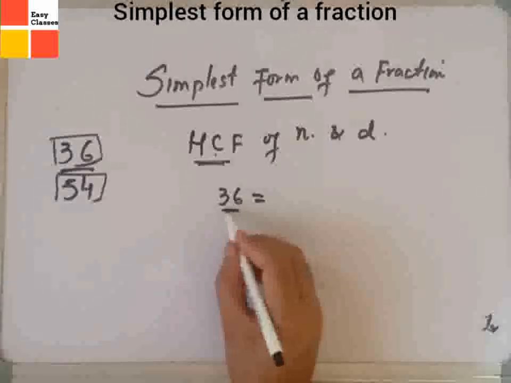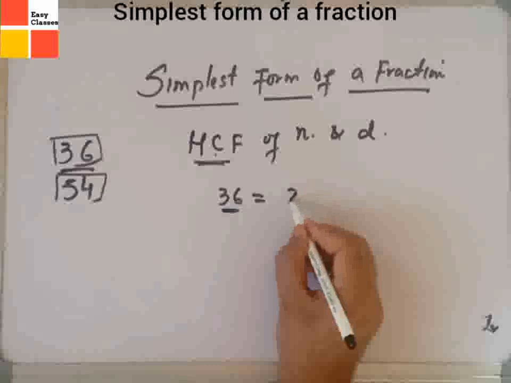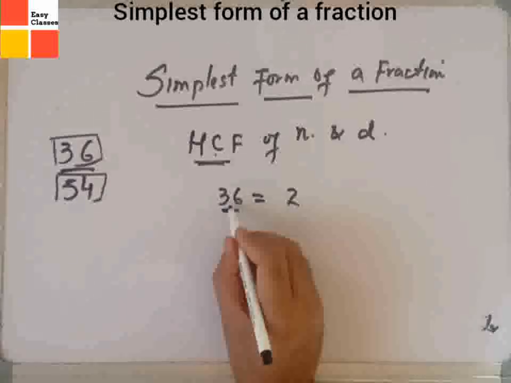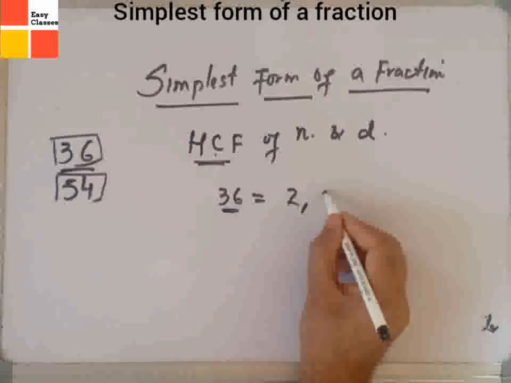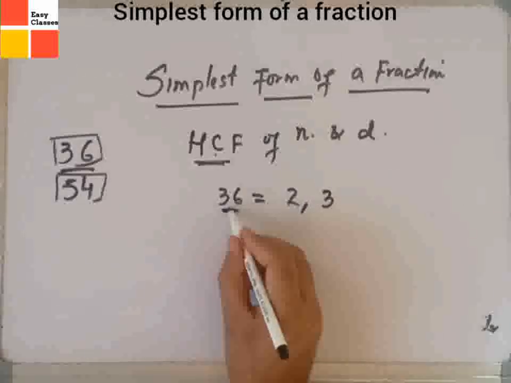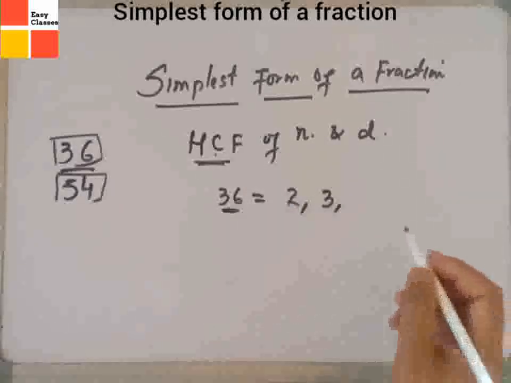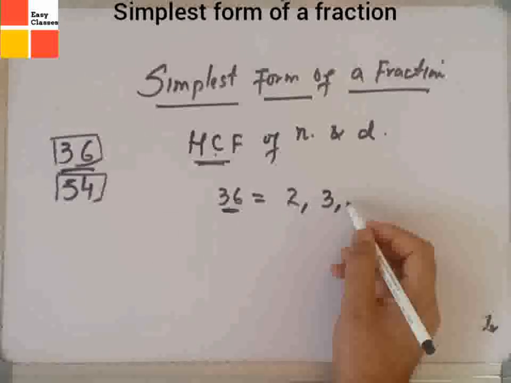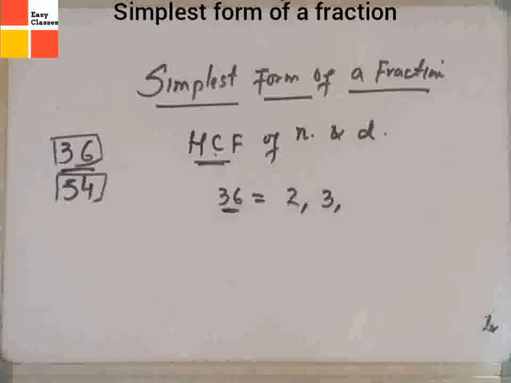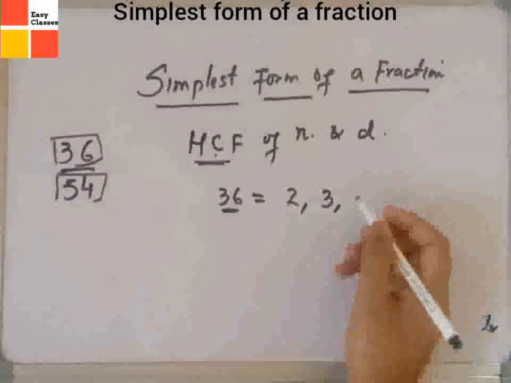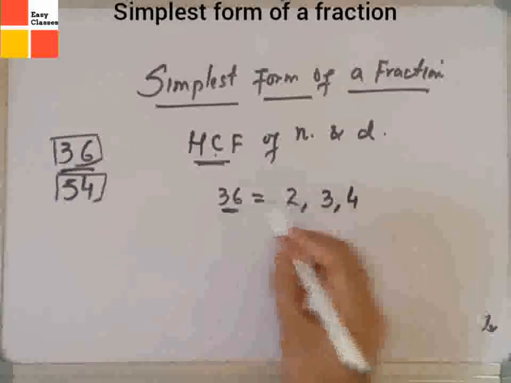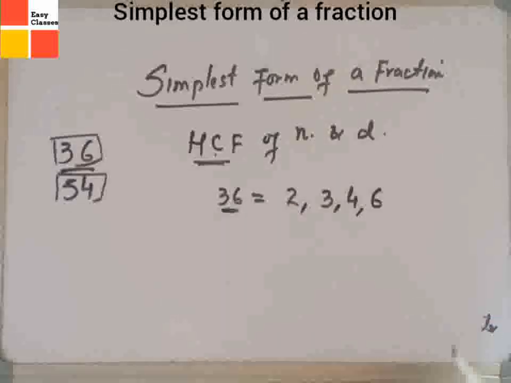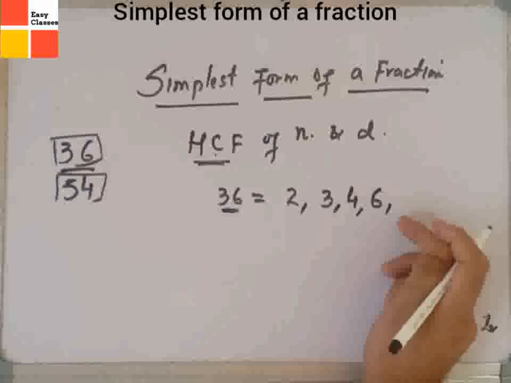So factors of 36 are, for example, it can be divided by 2. 2 18s are 36, right? Then it can also be divided by 3. 3 12s are 36. Then it can be divided by 4. 4 9s are 36. It cannot be divided by 5. 6 6s are 36. It cannot be divided by 7.